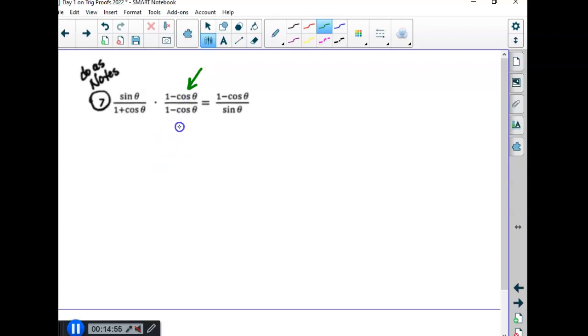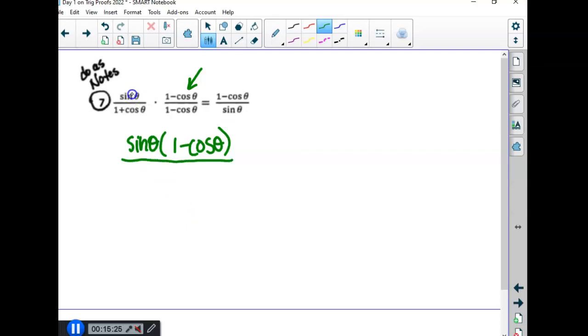So we could get rid of it, but I think it's their hint that we're going to need it, because do you see how it winds up with a 1 minus cosine on the top here? So I think we shouldn't just get rid of this. I think though that the top I will just leave sine theta times 1 minus cosine theta, because it looks like we're supposed to end up with a 1 minus cosine theta, so I don't think I want to distribute that.